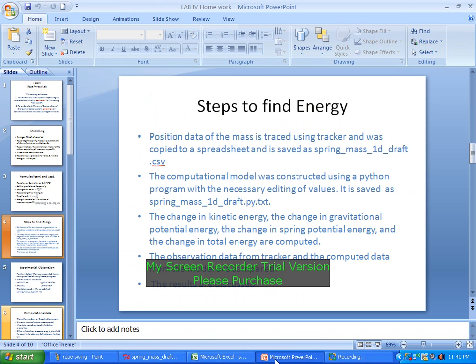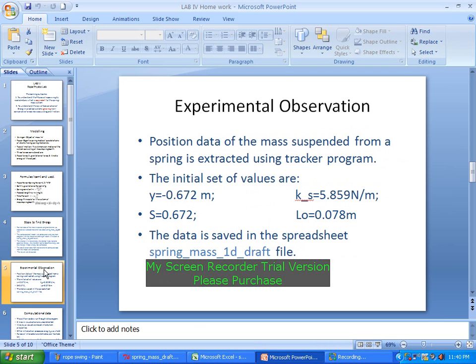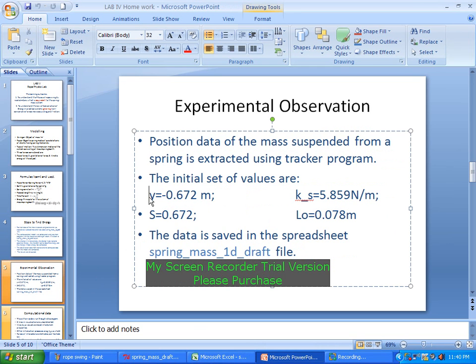The changes in the energies are computed using the Python code. The tracker data gives the 4 experimental values, namely y, k, s the stretch, and L0 the relaxed length of the spring.